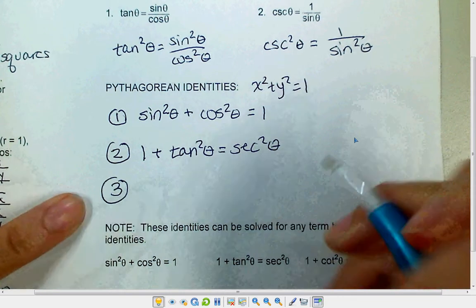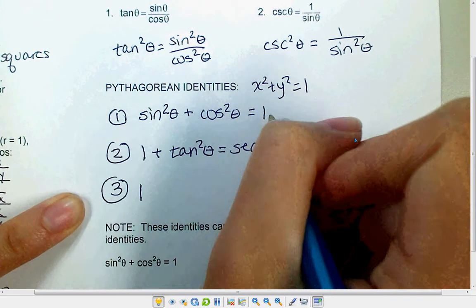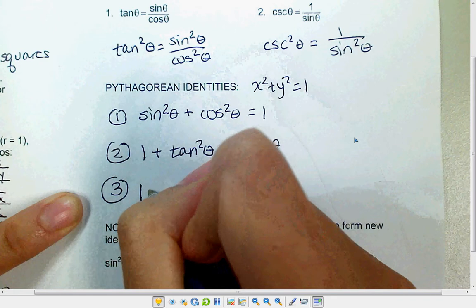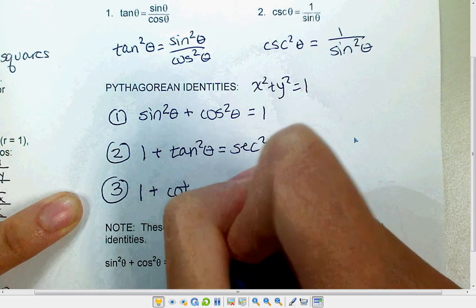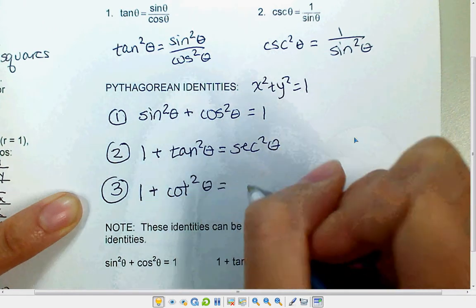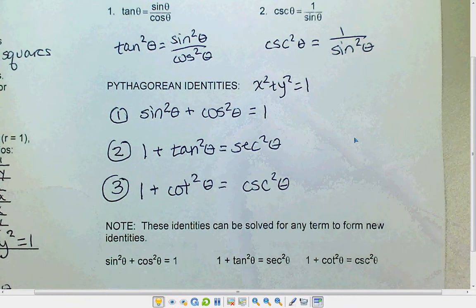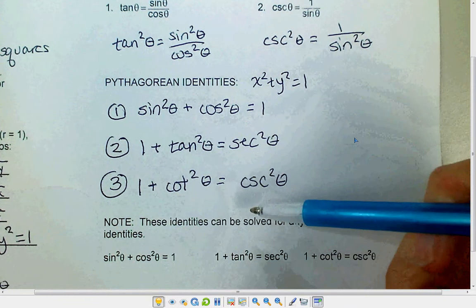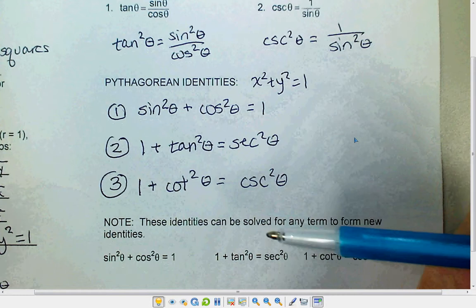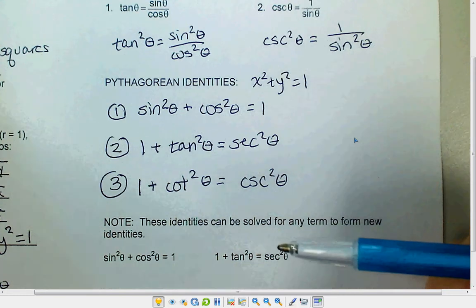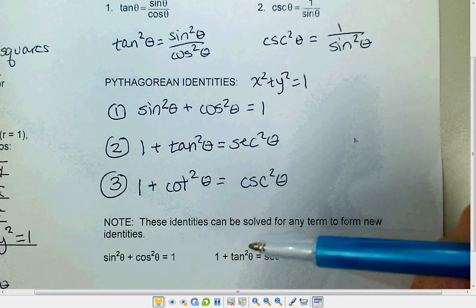Then our next one: if you divide all 3 of these by sine squared, we end up with 1 plus cotangent squared equals cosecant squared. So these 3 identities, along with our reciprocal and ratio identities, are what we are going to be using all of this unit to simplify expressions.